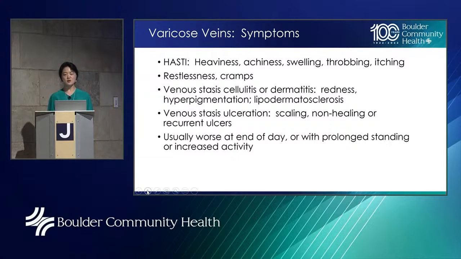The skin is no longer soft to touch, it is actually quite hard. Those conditions are called lipodermatosclerosis, or in other words, sclerosis or hardening of the tissue under the skin. And that's what makes it hard.